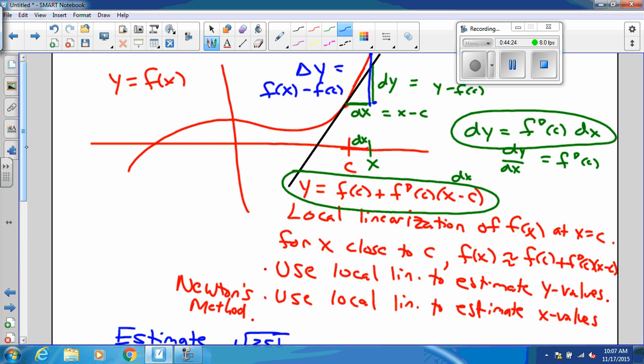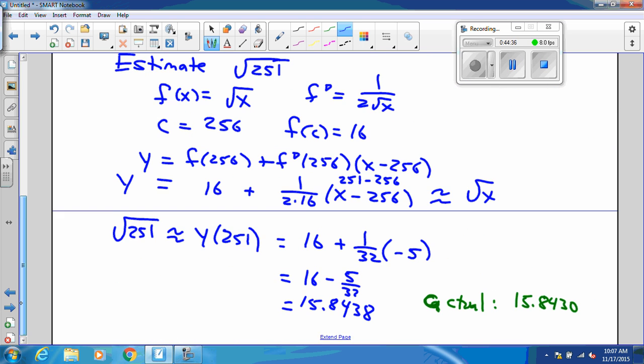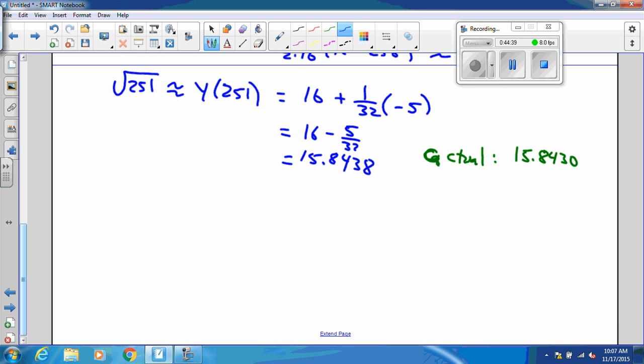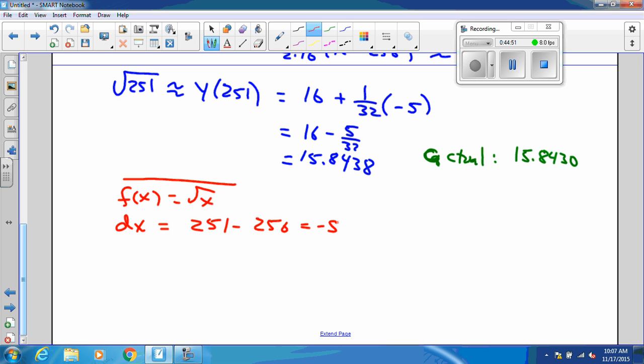So if we were to come back and use this idea of differentials, we're going to call the dy and the dx the differential changes. The differential changes in x and y. Then we would solve the square root problem like this. We would say that f of x is equal to root x, and I have a dx of 251 minus 256, which is negative 5, centered at c equals 256.